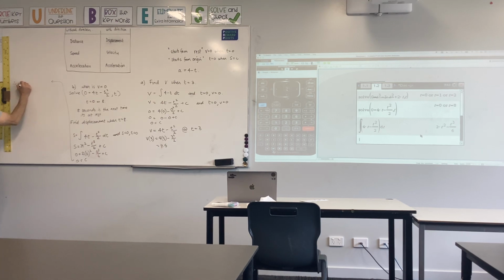Therefore, my displacement formula is just 2t squared minus t cubed on 6. And we want to know displacement when t equals 8. So I need to substitute in 8.